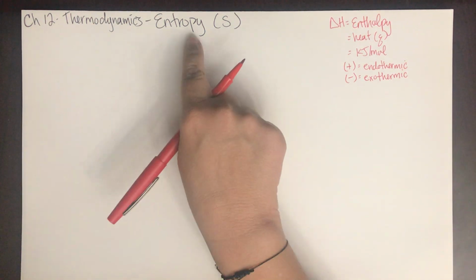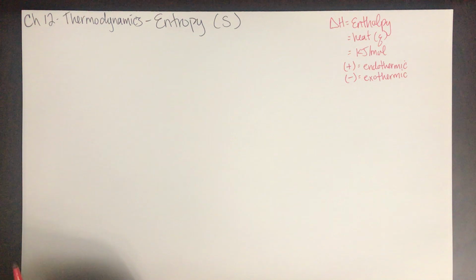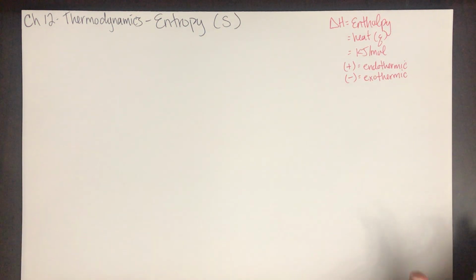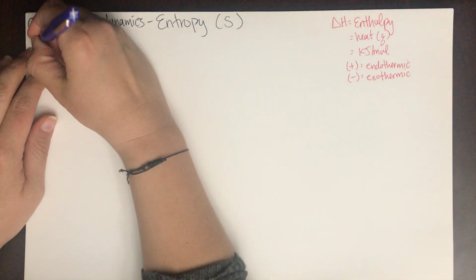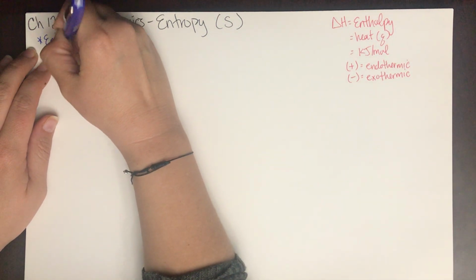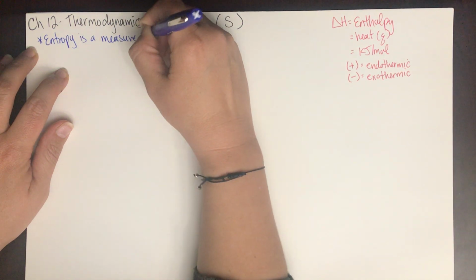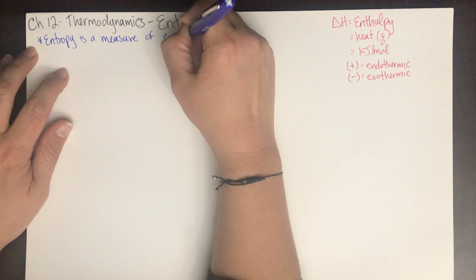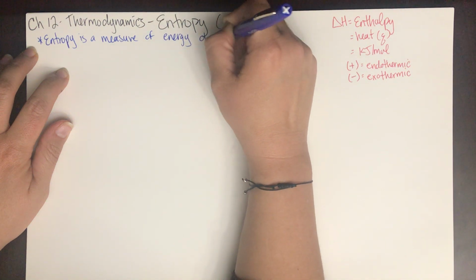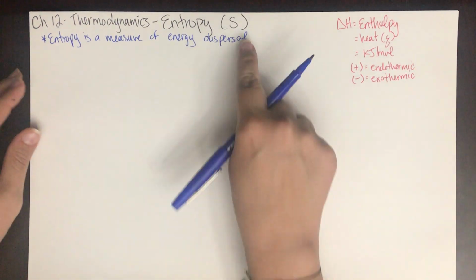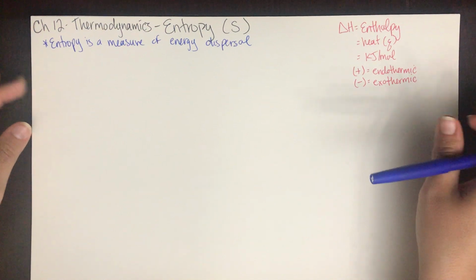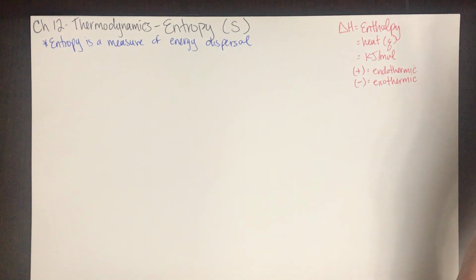Chapter 12 is now going to introduce something called entropy, which is not a measure of energy itself. Entropy is a measure of energy dispersal. And another word for dispersal would just be how spread out is it.